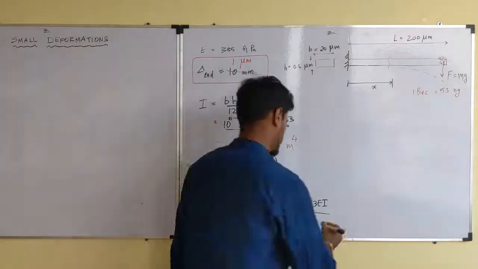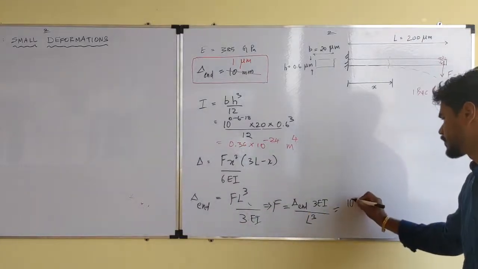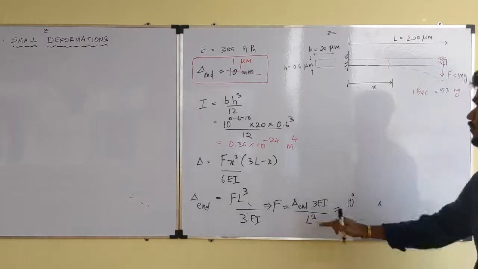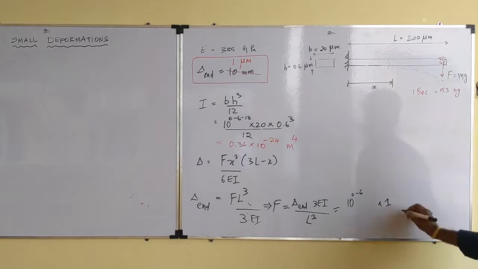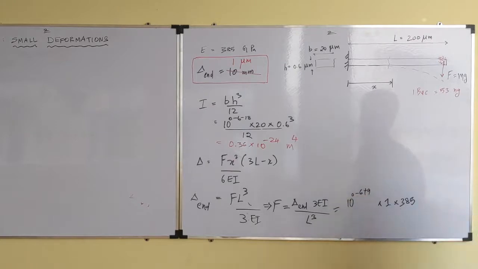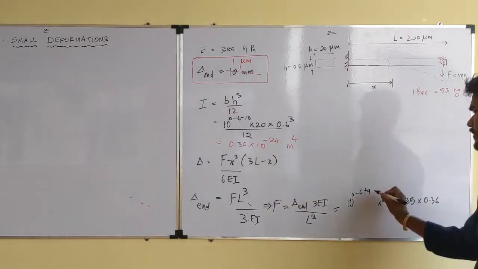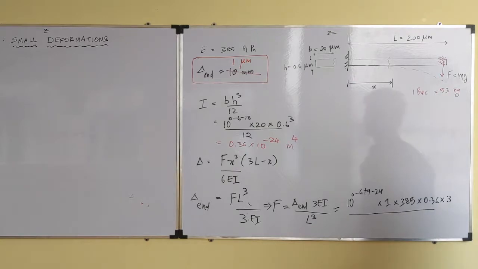So let's calculate that. Again, I'm going to write all the powers of 10 at the beginning. Delta n is 1 micrometer, so it's just 1, times E, which is 385 gigapascals, so it's plus 9. And I, we just calculated, is 0.36 times 10 power minus 24, divided by L cubed.